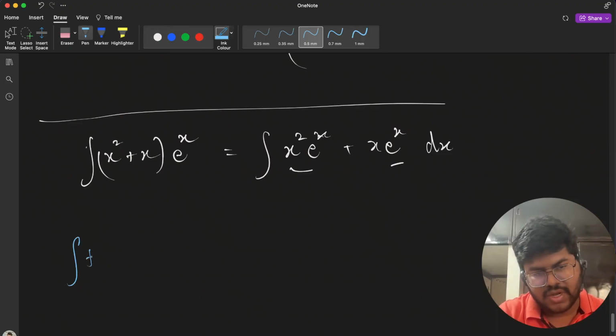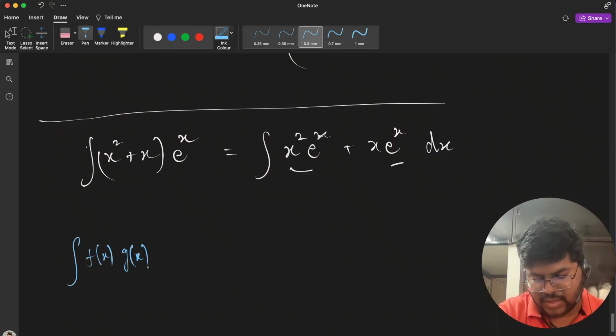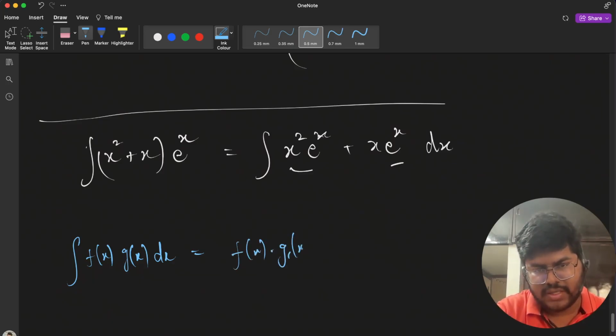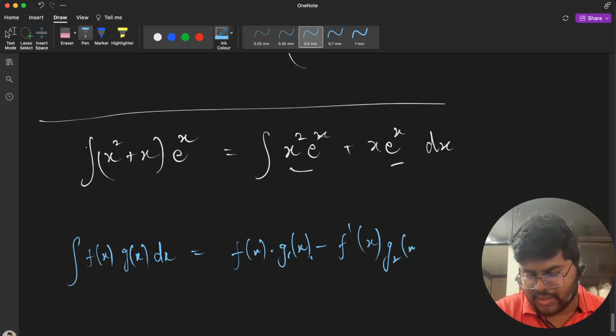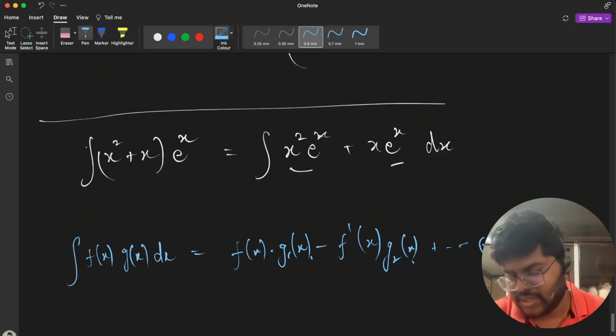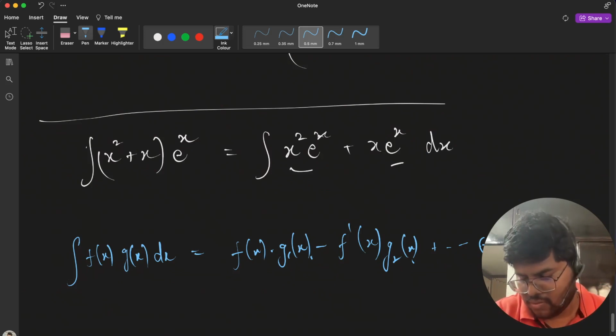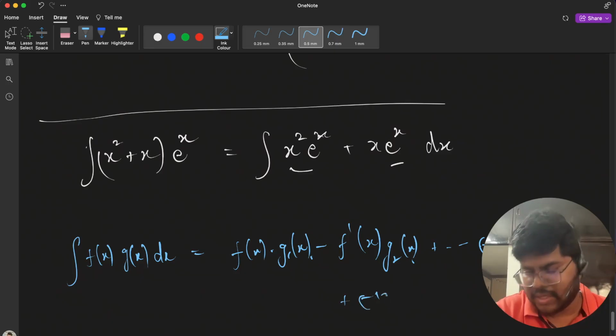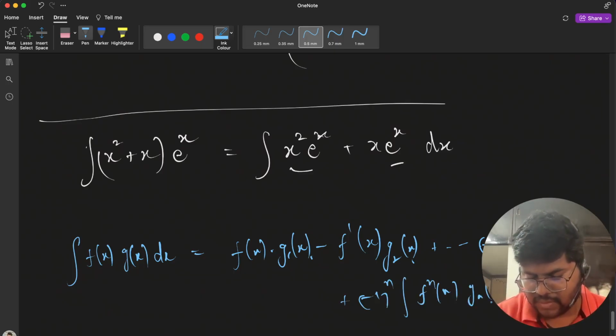So if there is an integral, namely f(x) g(x) dx, this integral is of the form f(x) into g1(x), minus f1(x), the first derivative of f, and g2(x), plus and so on, minus 1 raised to power n minus 1, f n minus 1 of x, that is the (n minus 1)th derivative, into g n of x, plus minus 1 raised to n, the integral of f n(x) and g n(x), right?